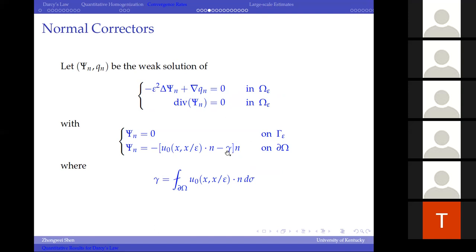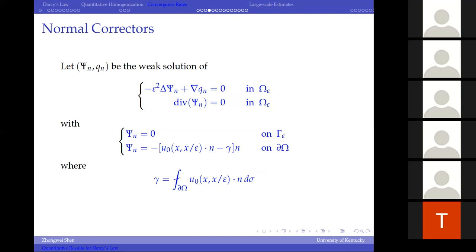So here we need to subtract a constant gamma, so that the compatibility condition is satisfied. This constant will not cause any trouble in the computation there.